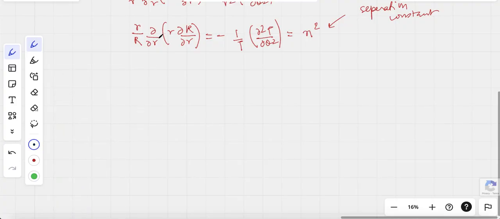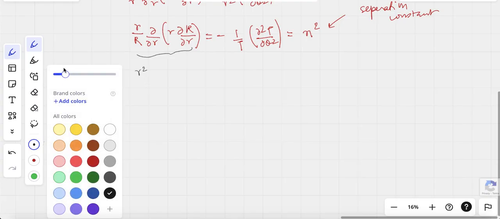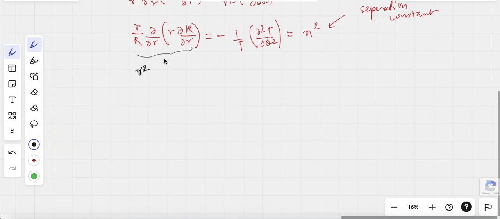this portion first. We have r square, sorry, r by R d of dr r dR by dr minus n square equals 0.